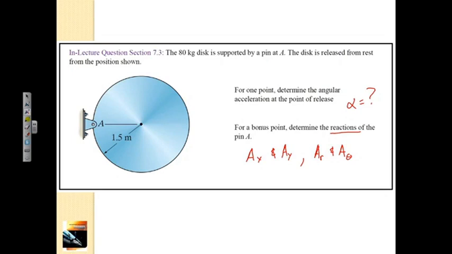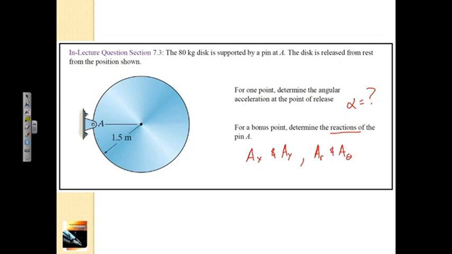G is 9.81 meters per second squared. Minus my alpha, which is 4.36 radians per second squared. And my r was 1.5 meters. AY, if I wrote that down somewhere, 261.6 newtons.